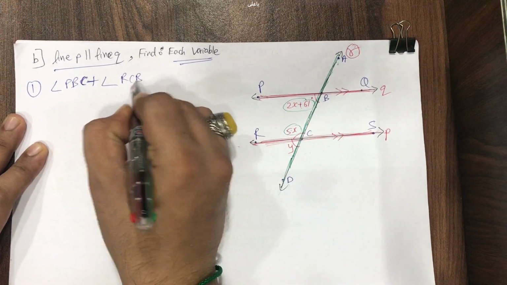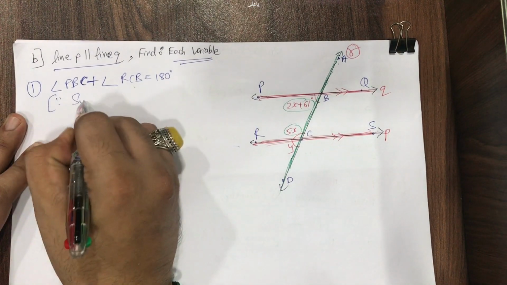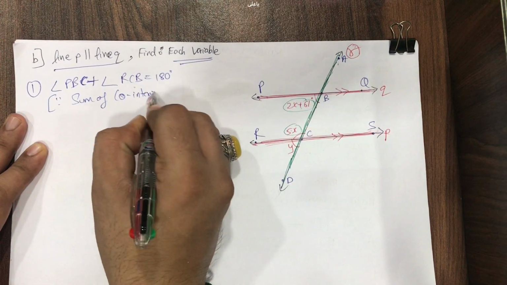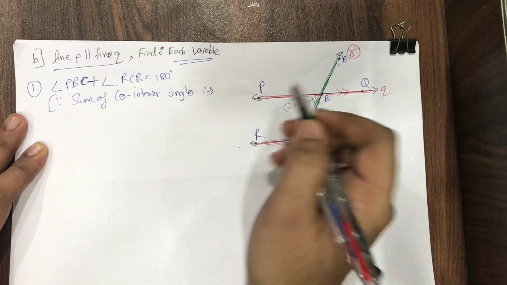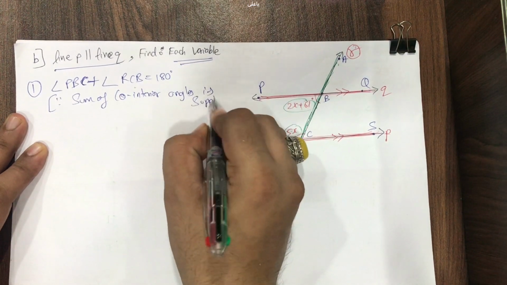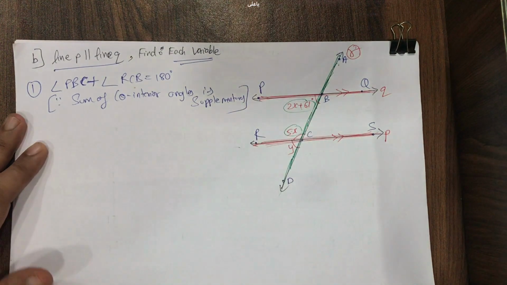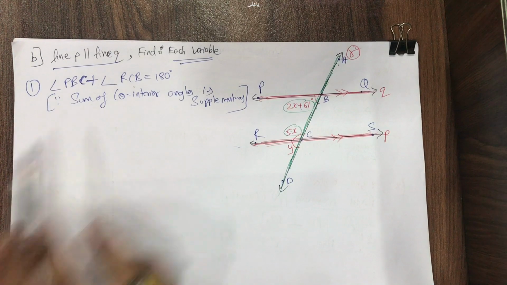Angle PBC plus angle RCB is equal to 180 degree. Reason: sum of co-interior angles is supplementary. Supplementary means 180 degree. Sum means addition.